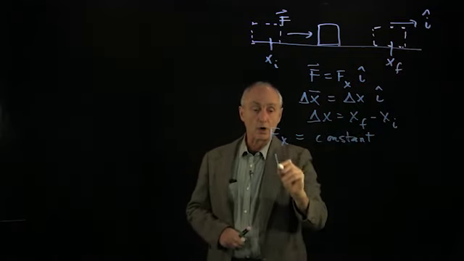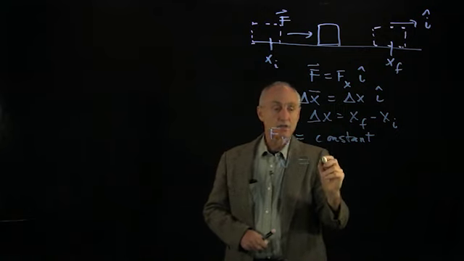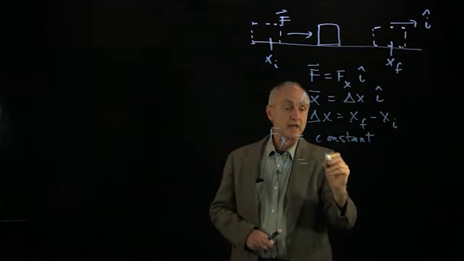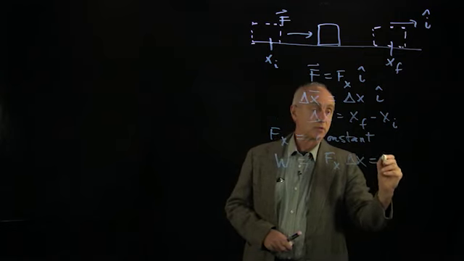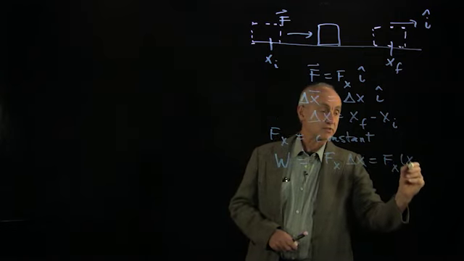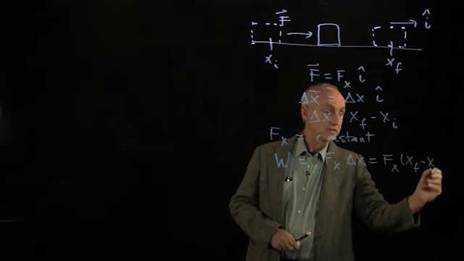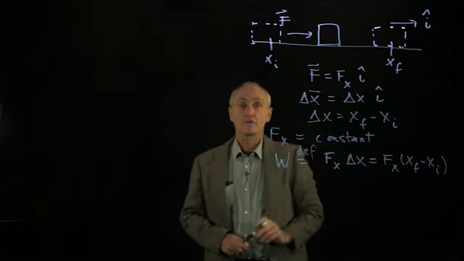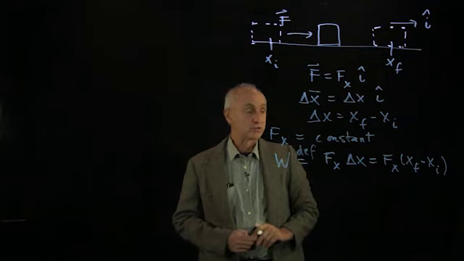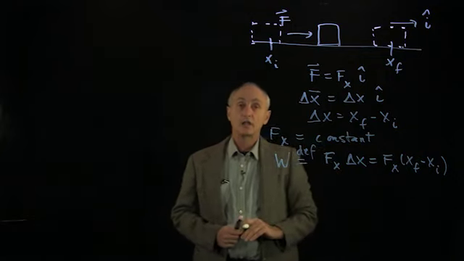So we'll call work the product of the force, F_x, times the displacement. And so that's equal to F_x times x final minus x initial. And this is our definition for work for the special case where the force is constant.